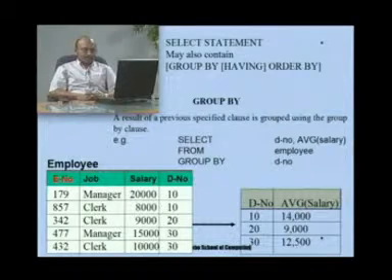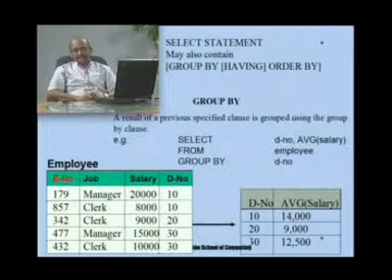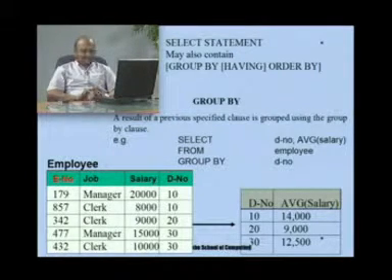If you are looking at this particular example, now we have the employee data. Suppose I want to know for each department what is the average salary. Department number 10, what is the average salary, department number 20, what is the average salary, department number 30, what is the average salary.